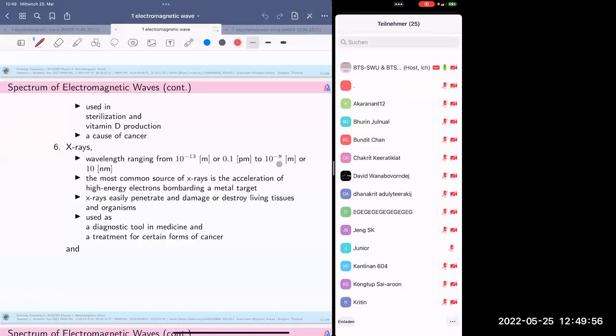To the longer end, the maximum length, which is 10 to the negative 8, it's called 10 nanometer. The most common source of X-ray, which can also be generated by humans, is the acceleration of high energy electrons.